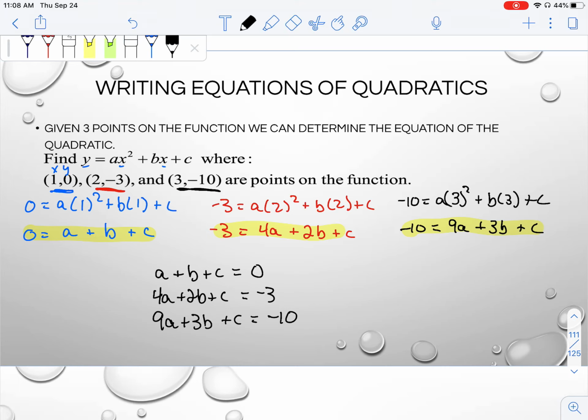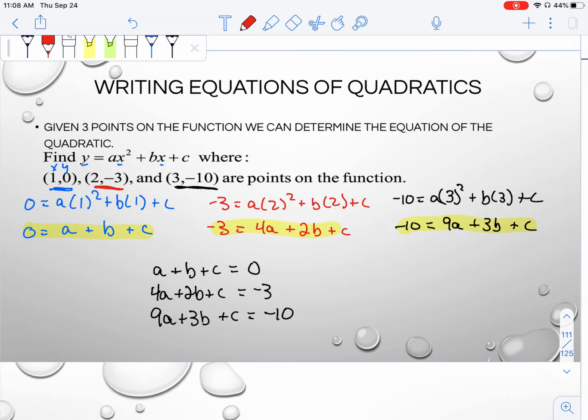But just some insight, it's very easy to substitute for a, b, or c. My preference is elimination. I would just multiply one of the equations by -1, and then you can get the c's to easily drop. But again, it's up to you how you want to solve this.